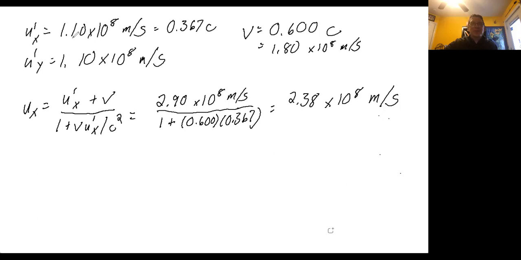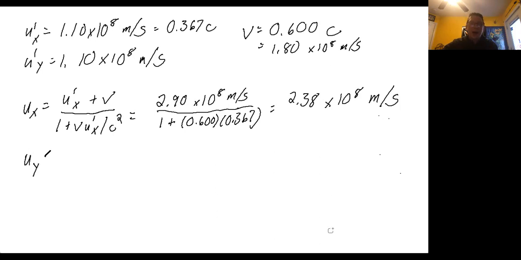So she's 1.10, and it becomes 2.38. In a normal transformation, it would have been the numerator, 2.90 times 10 to the 8th meters per second. But what you get is 2.38 times 10 to the 8th meters per second. So the relativistic effects make the relative velocity slower than it would be in a basic Galilean transformation.